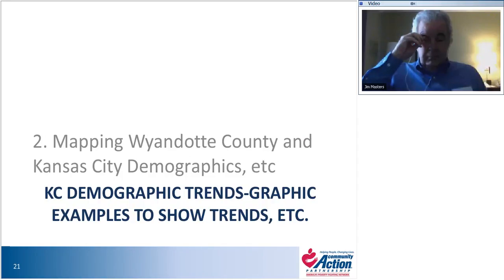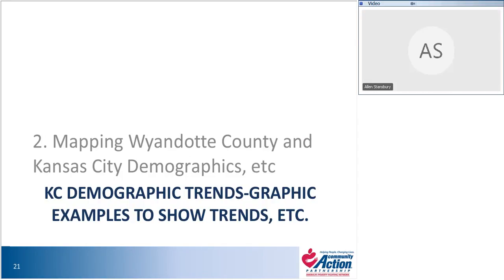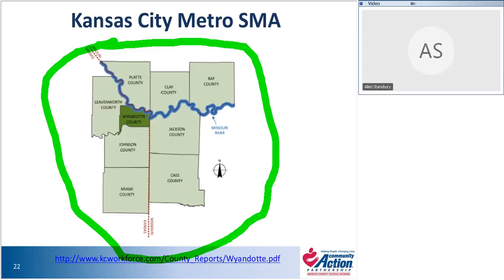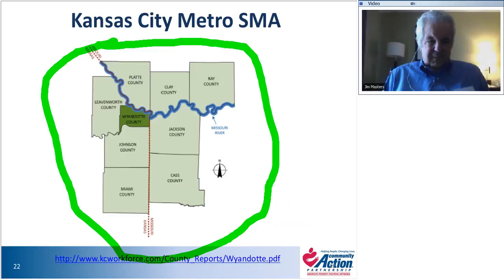Okay, so we're going to show you a few maps here, how the information is mapped out, both county and Kansas City. This is the Metro SMA, statistical metropolitan area. As you can see, it encompasses a rather large area, and I'm going to go to my pen here and circle this area that it encompasses, all of these counties. You can go down here, I have the link.